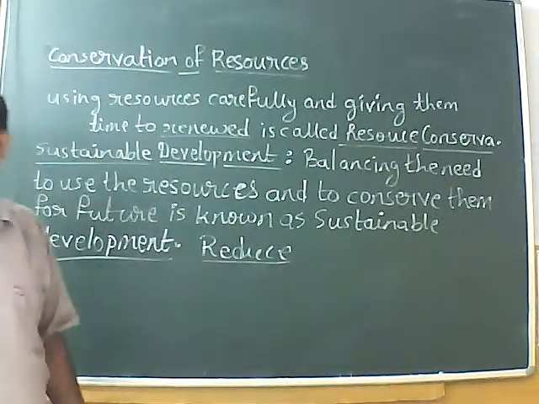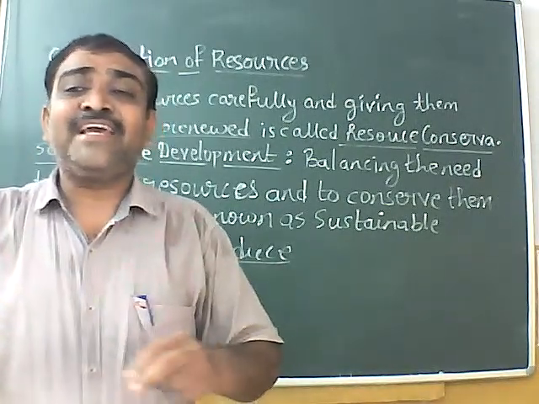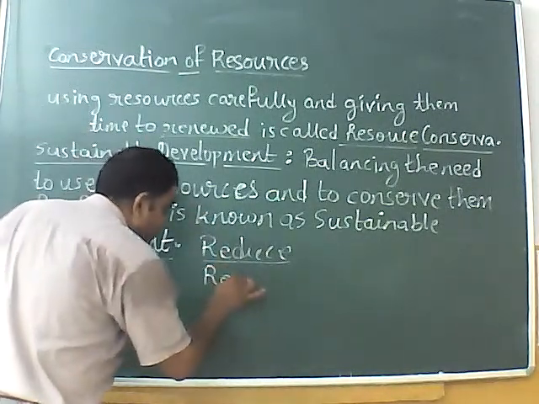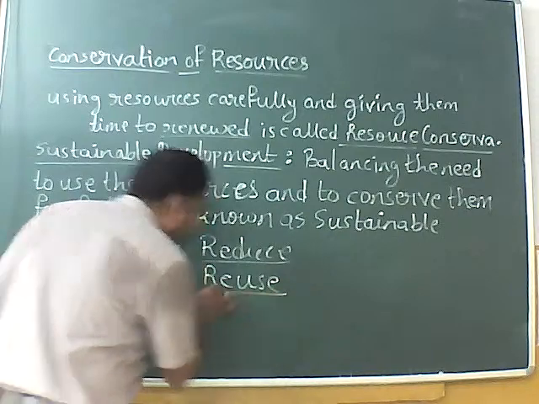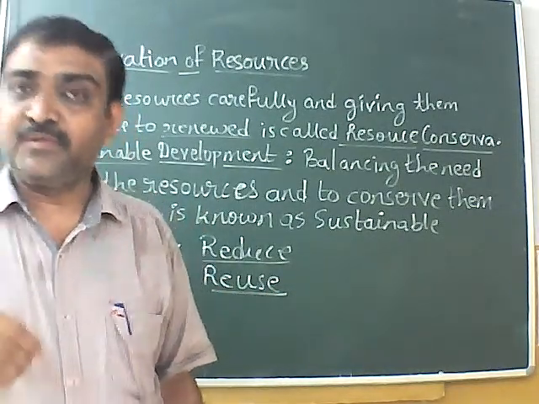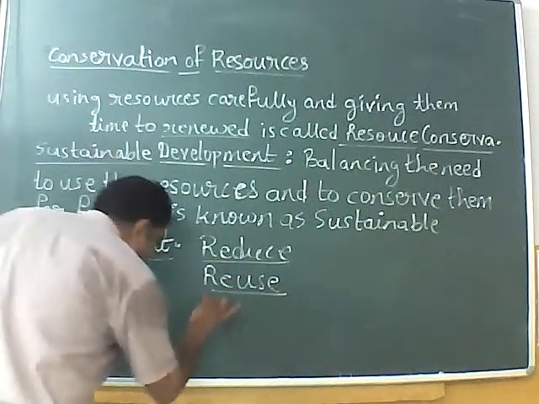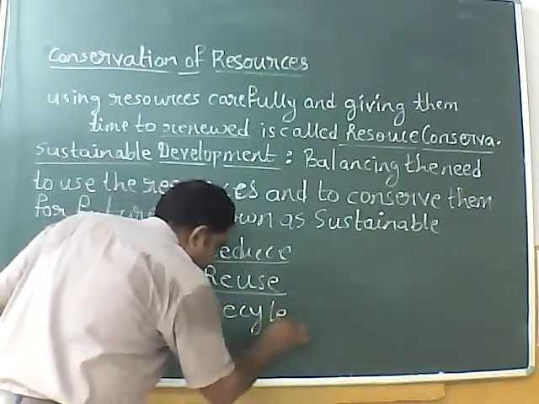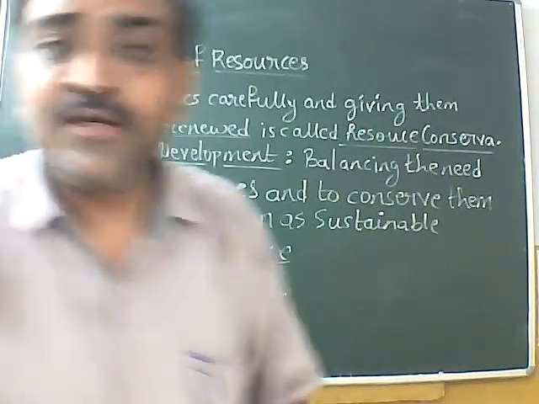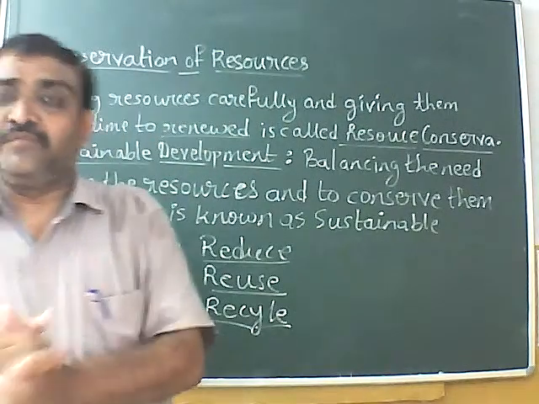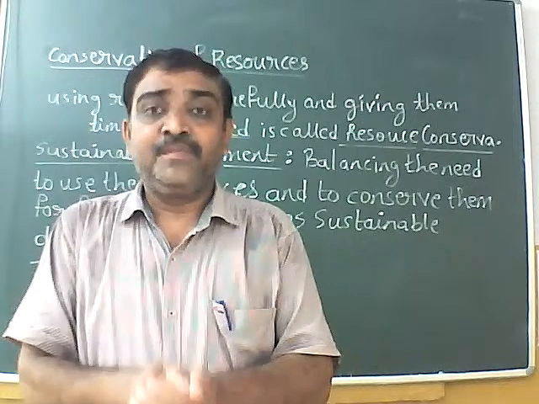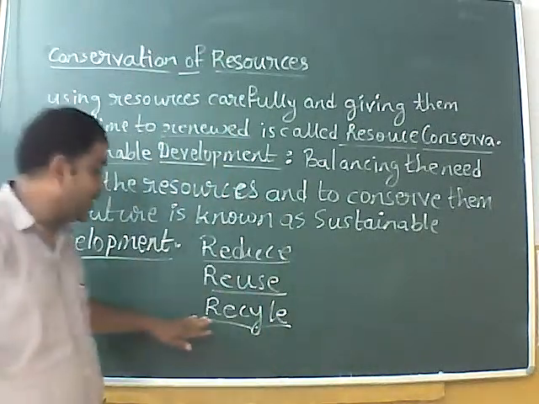Reduce means don't use in an excessive manner. Okay, then reuse. Reuse means if possible use the resource a number of times. And then recycle. Recycle means if you are not able to reuse the resource a number of times, because it is torn down or has got wear and tear, in that case what we have to do, beta?